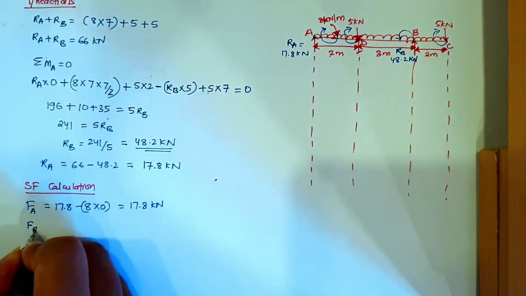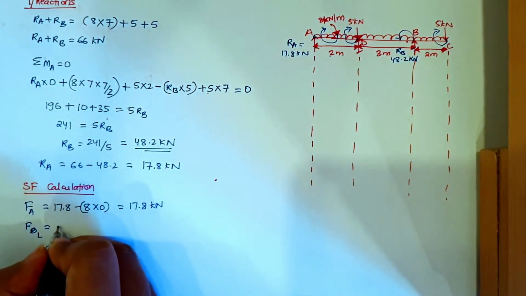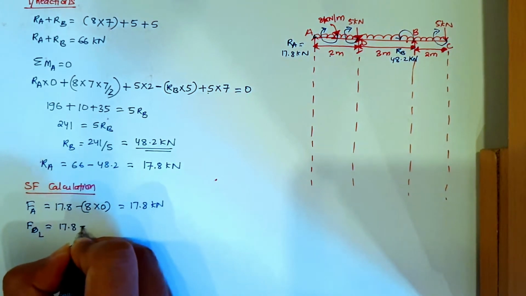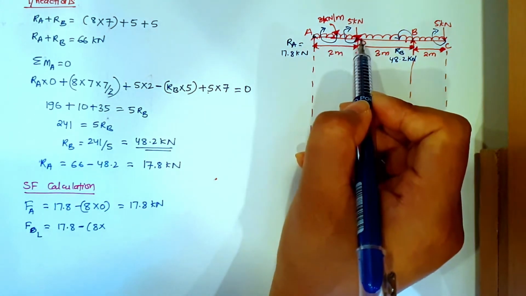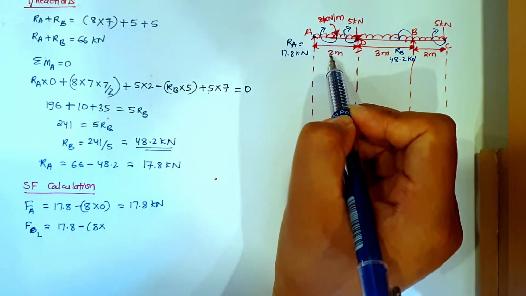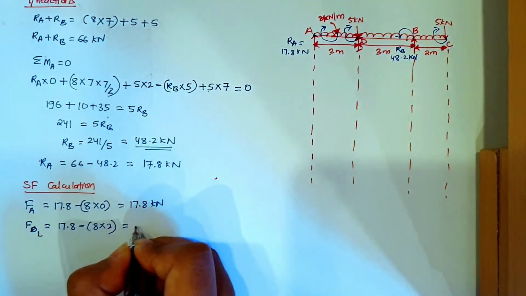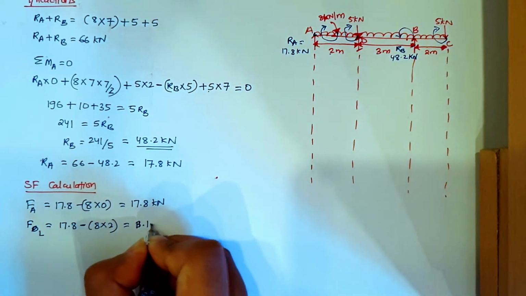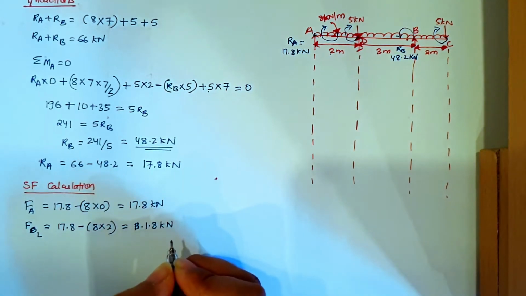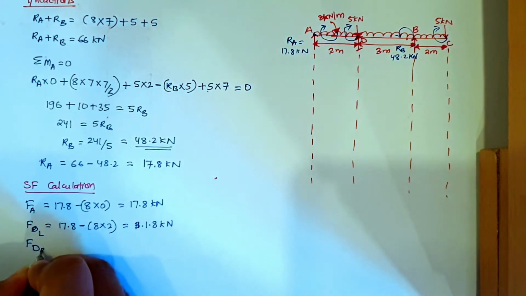Force at D, left hand side of D, will be equal to 17.8 minus 8 into, now the UDL has run from A to D for a distance of 2 meter, so 8 into 2. So this will be equal to 1.8, I'm sorry, 1.8 kilonewton.